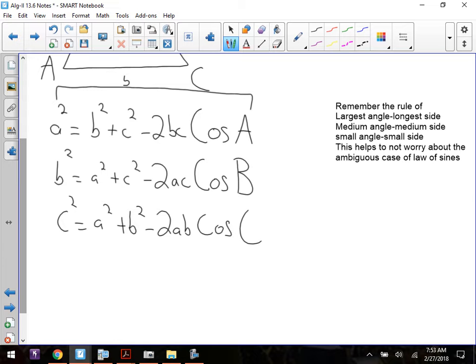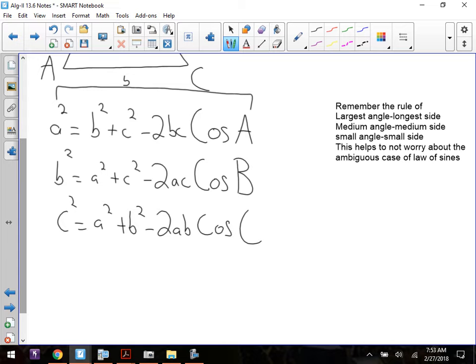Law of cosines, like I said, is weird, but you only have to use it once. As soon as you use the law of cosines one time, if you have a side angle side scenario, then you will automatically have an angle and a side opposite. If you have side, side, side and use law of cosines to find an angle, then you will automatically have an angle and a side opposite, which drops you back to law of sines, which is quick.